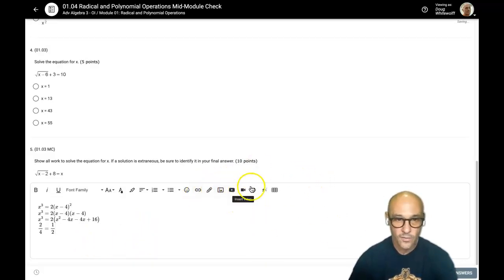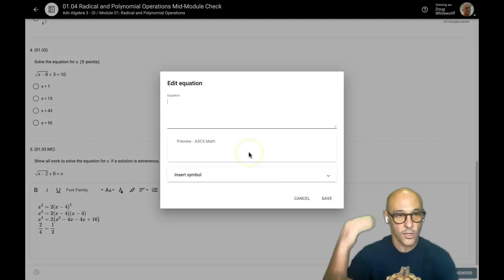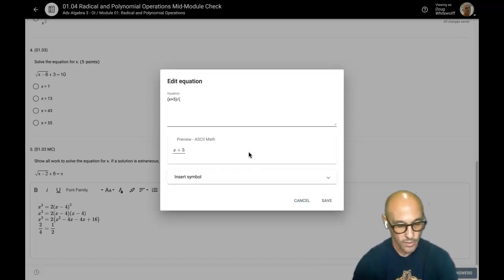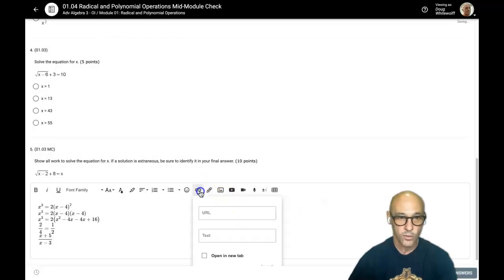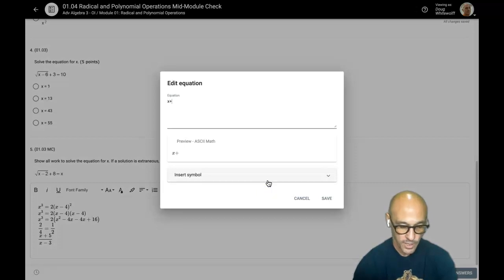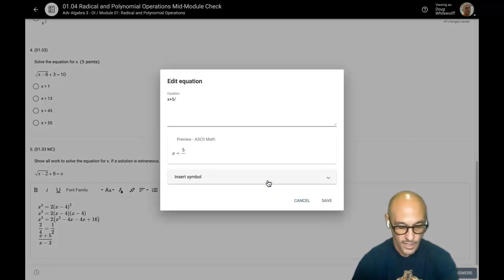Another thing that's important is if you have something in the numerator that's something like x plus 5, you need to put it in parentheses: x plus 5 divided by the quantity x minus 3. If you don't use the parentheses, you do x plus 5 divided by x minus 3.